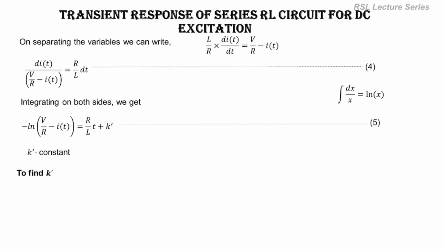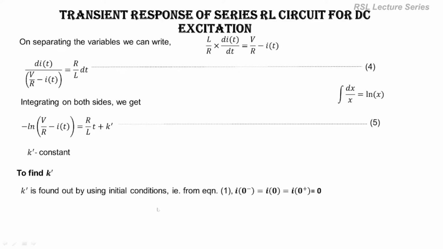Now we have to find the value of k dash. To do that, we use the initial condition, which we already know: i(0) is equal to 0. We apply this condition in equation number 5, replacing t with 0.